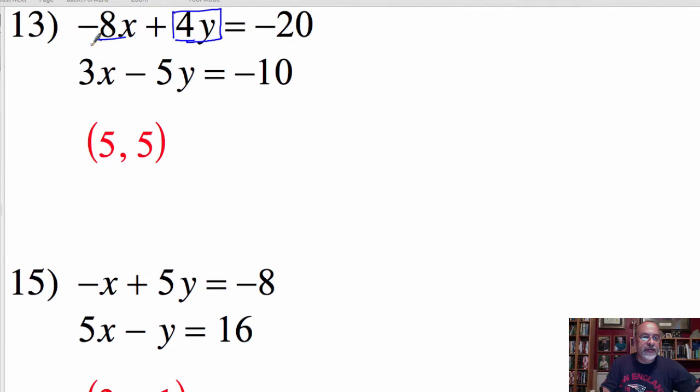In order to do that, I need to get that y term by itself, so I'm going to add the opposite of this 8x, negative 8x, excuse me, to each side. That's going to give me 4y is equal to then negative 20 plus 8x. I then am going to divide by this 4 in order to end up with just a letter over here.